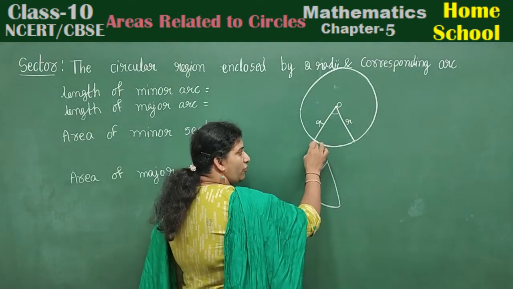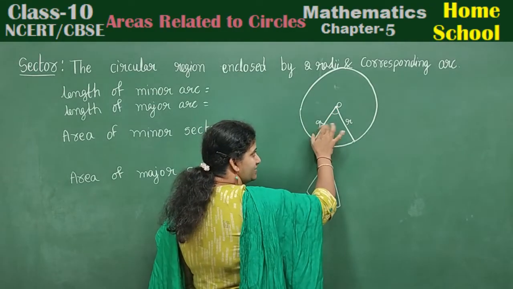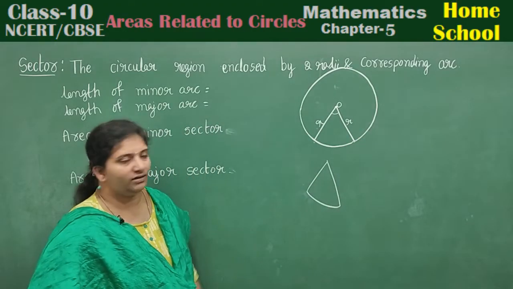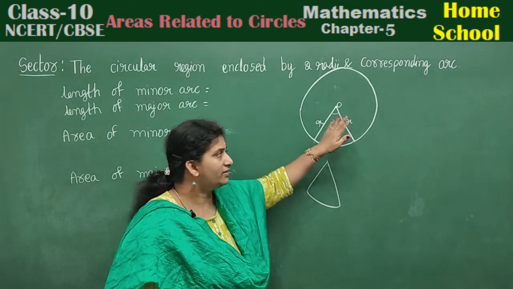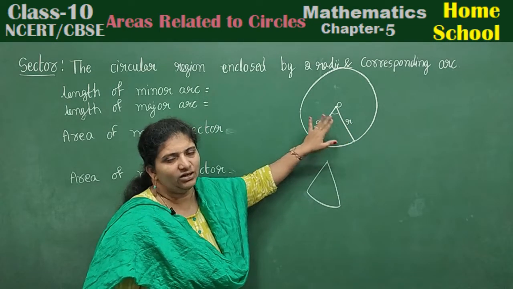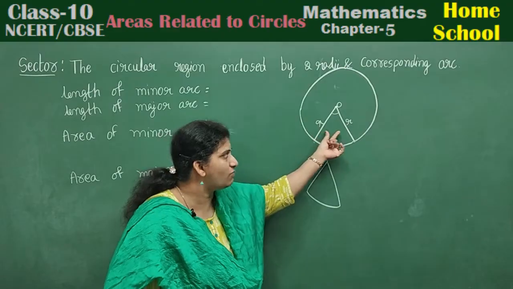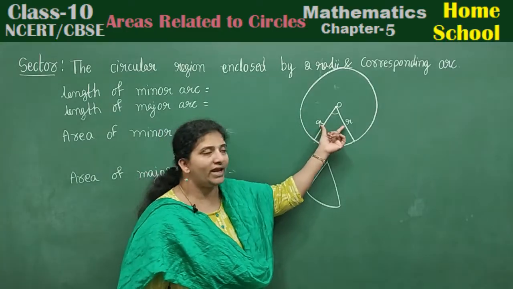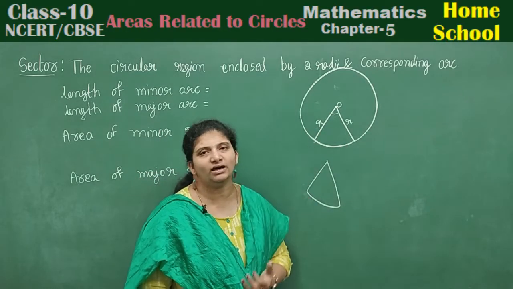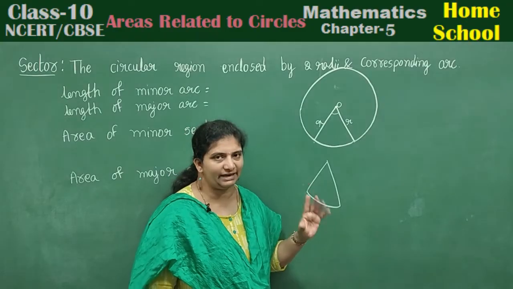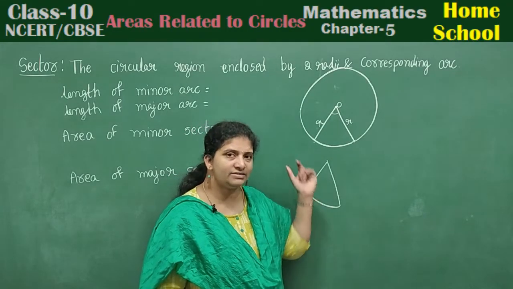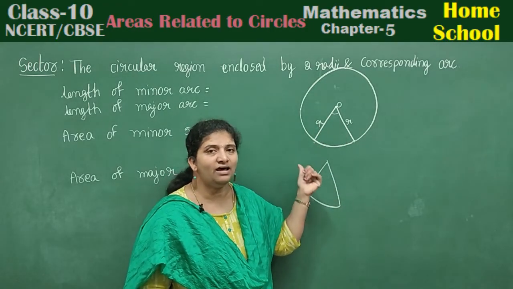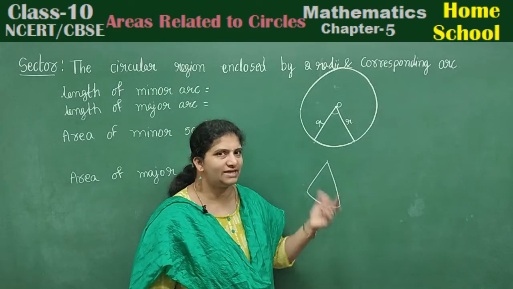A circular region enclosed with 2 radii. From the center to any point of the circumference, we call this a radius. 2 radii and a corresponding arc. If you consider this arc, this comes under the minor sector. Why is it minor or major? You can see a small space. The region bounded between 2 radii and a corresponding arc, we call a sector.